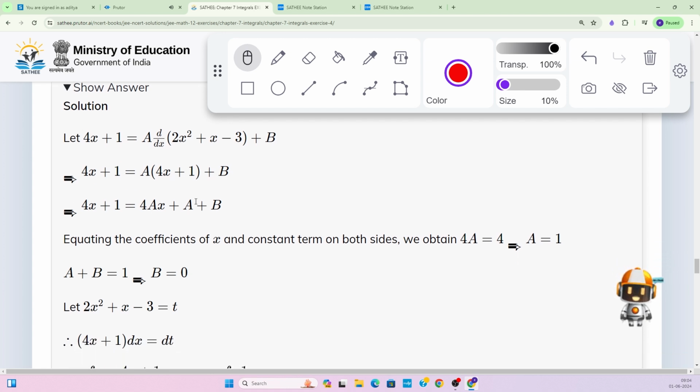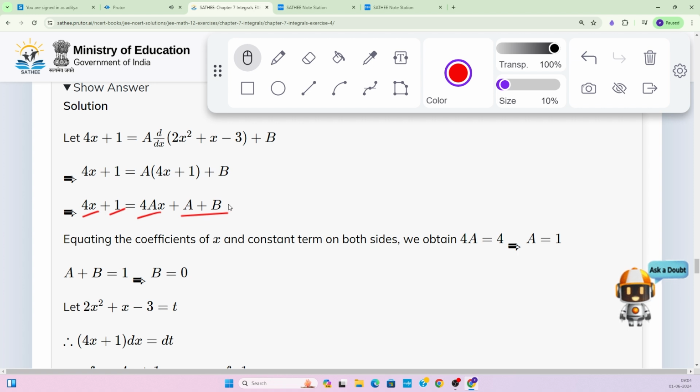By distributing a and comparing the coefficients, we compare the coefficient of x with the coefficient of x, and the constant term with the constant term. So 4a is equal to 4, which means a equals 1.